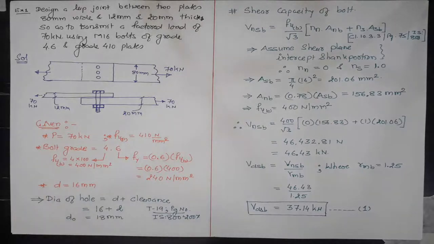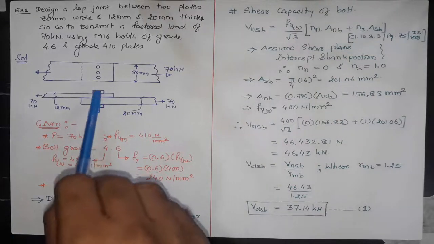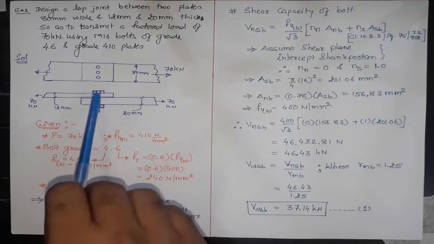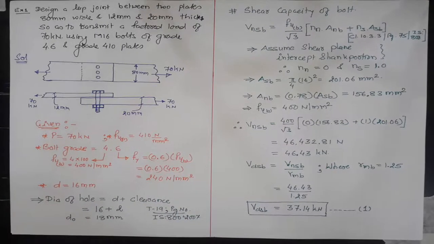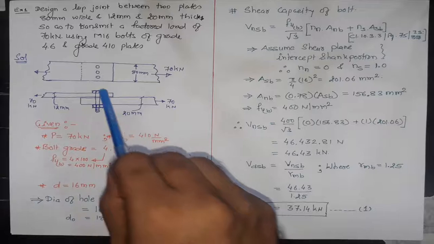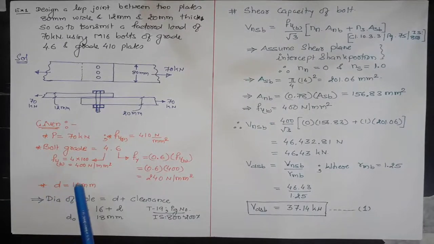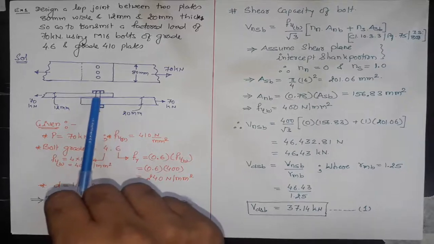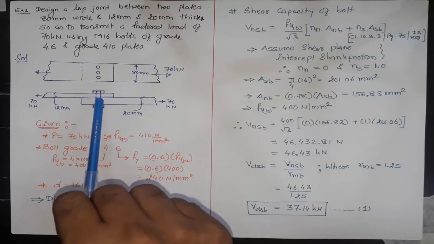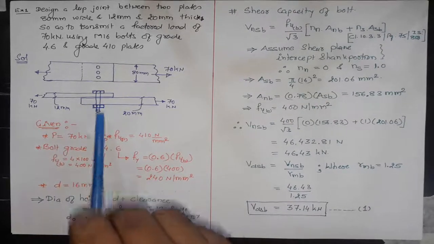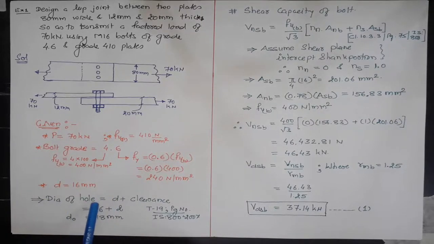Now, as we have seen, the bolts are to be designed for shear and bearing. Therefore, first we will find the shear capacity of this bolt. Now, here the bolt diameter is given as 16 mm. Therefore, diameter of hole will be equal to d plus clearance.